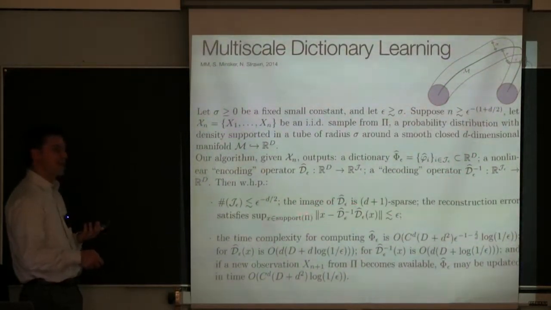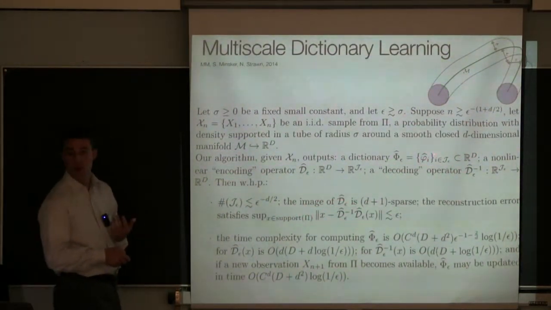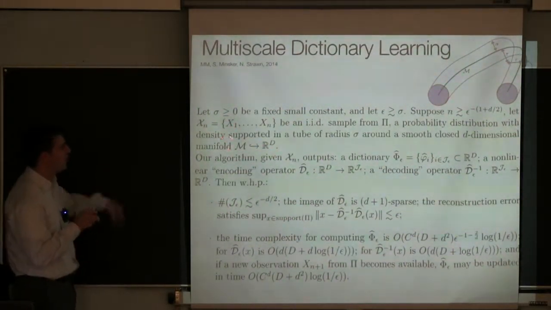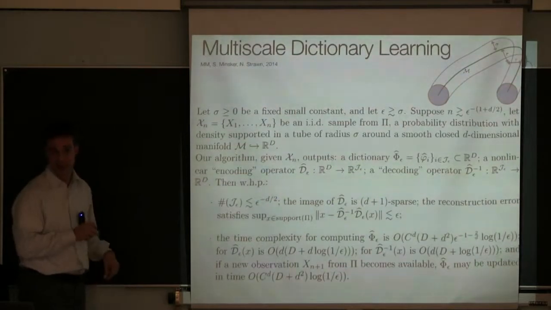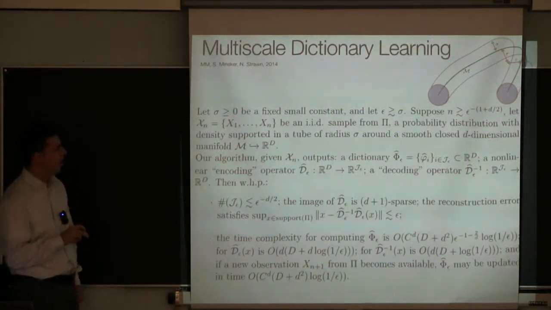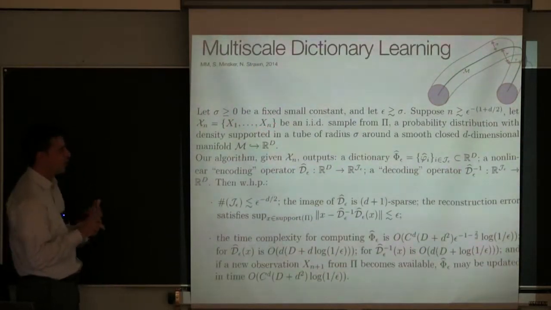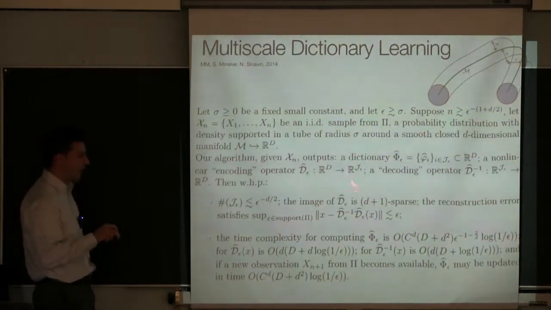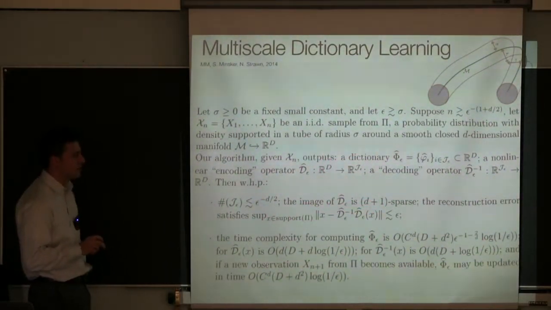So actually all these statements are true, not always, but with very high probability. It could happen that you're so unlucky that you sample the same point n times. That's very unlikely to happen, but if that happens, I'm not going to be able to learn a good dictionary. So there is a set of events which are very unlucky, for which I'm not going to learn a good dictionary. But with overwhelming probability, the algorithm will construct a good dictionary in this sense.